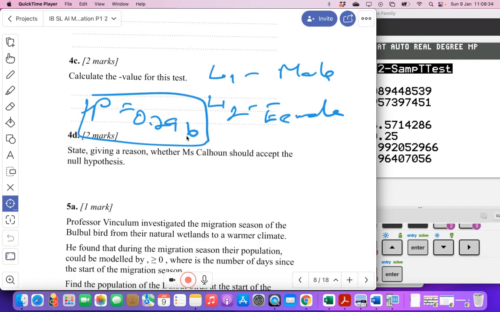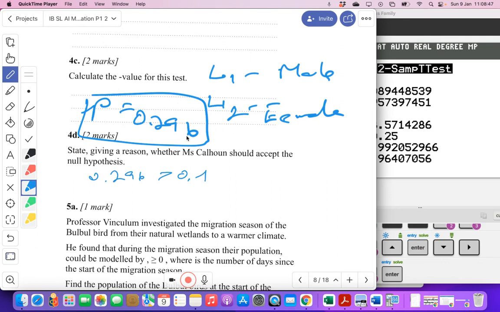Okay, so we want to give a reason. Our reason is that 0.296 is greater than 0.1, or that p is greater than alpha, or that the p-value is greater than the significance level.